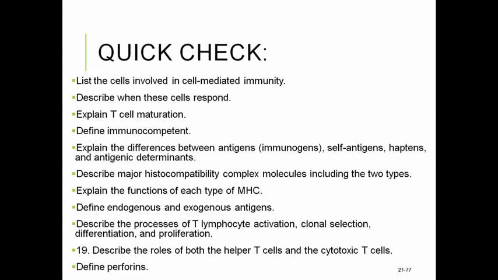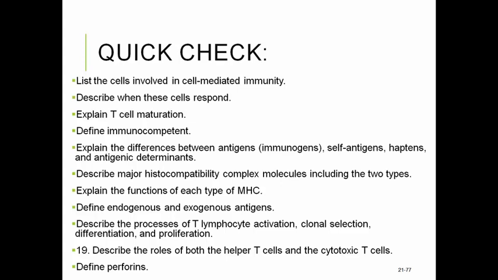So in this section we talked about the cells that are involved in cell-mediated immunity. Cell-mediated is your T cells. Your T lymphocytes are involved with cell-mediated immunity. Describe when they respond. Well, remember, they have to know what to attack, so they have to be presented with the antigen. Remember, they mature in the thymus gland, and then they have to not respond to self cells.